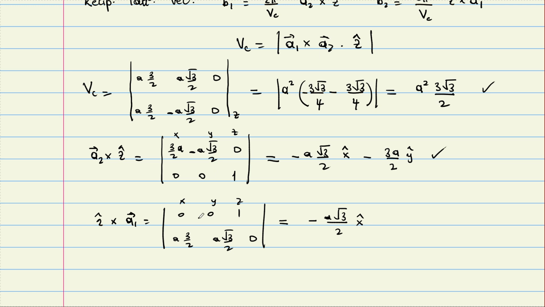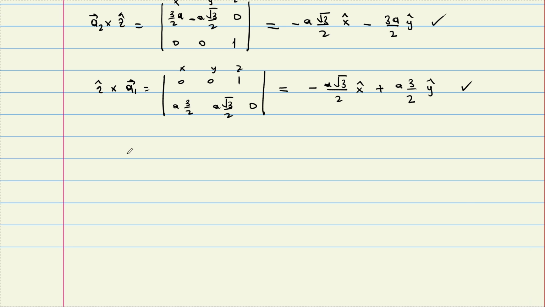This is 0. Minus minus is plus 3a over 2 Y hat. Let me check that. Z cross A1, minus a root 3 over 2, a. Okay, this one is also correct.